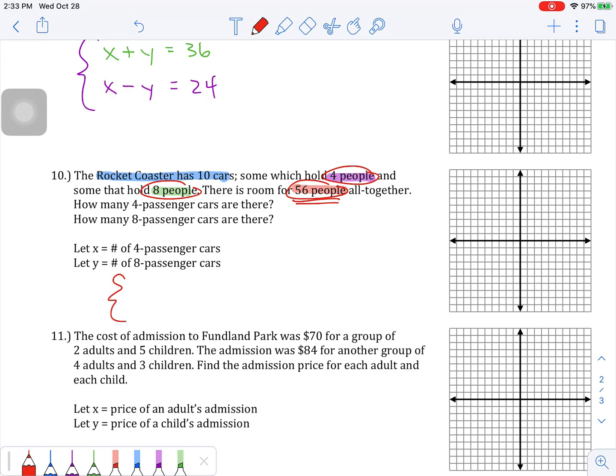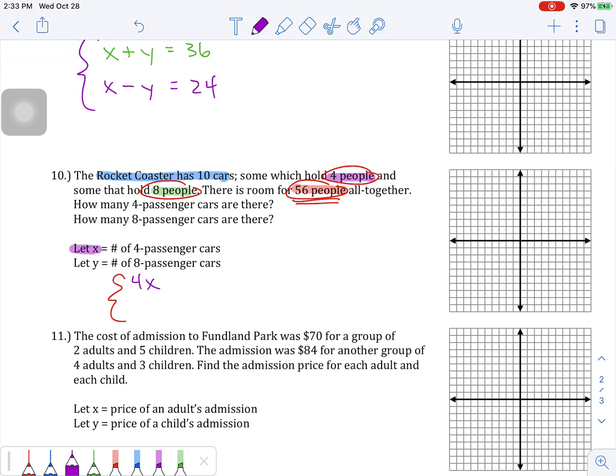So if I know that 4 people can be held in some carts, and I want x to represent the number of 4 passenger cars I have, that would be represented by 4x. So 4 times however many of those cars there are.